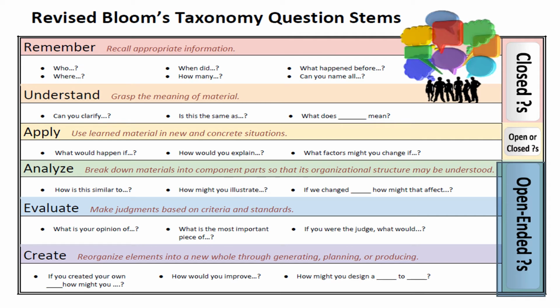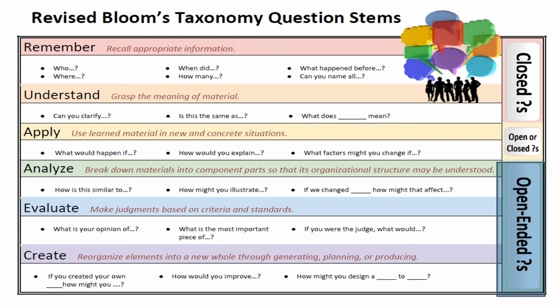So to help you understand that, I thought of an example using the last stem. How might you design a board game to complement the book, George's Secret Key to the Universe? And again, if you were to answer that question, you would need to actually build or create something new.